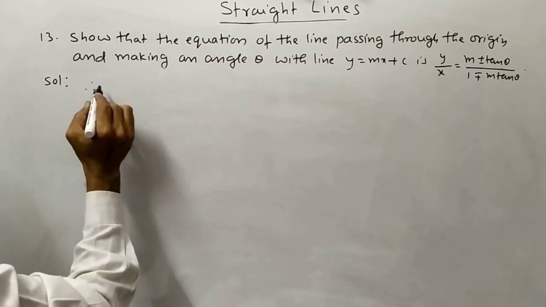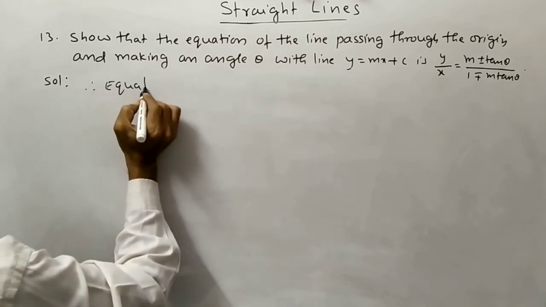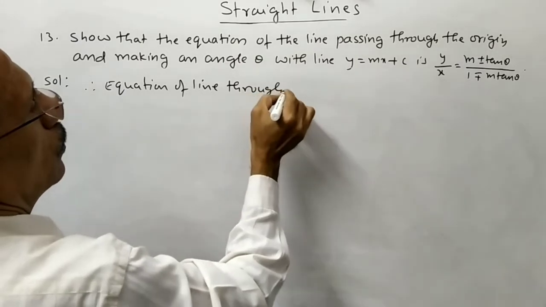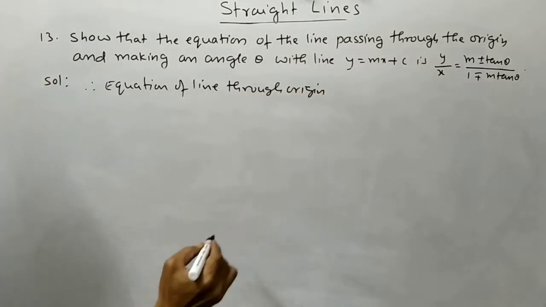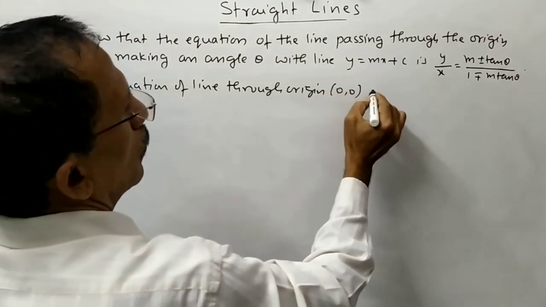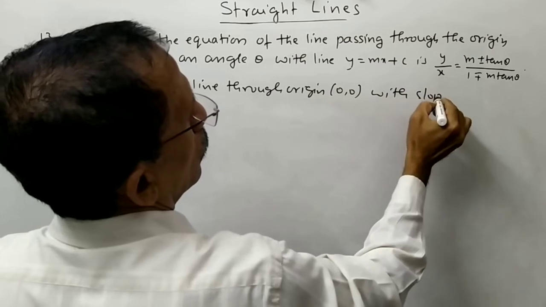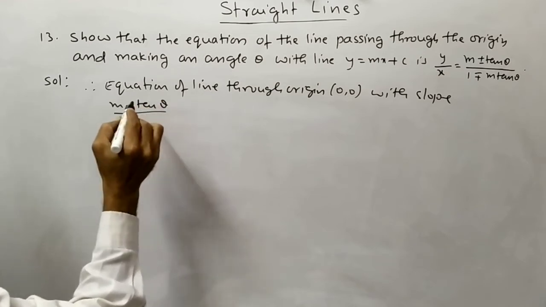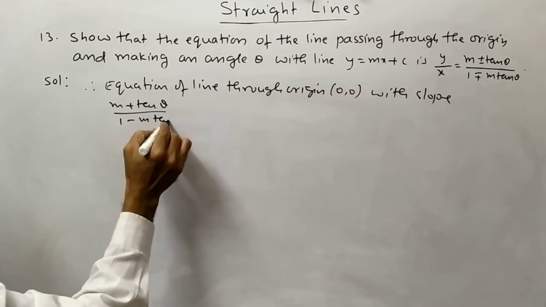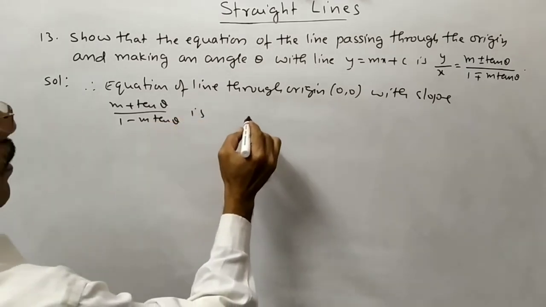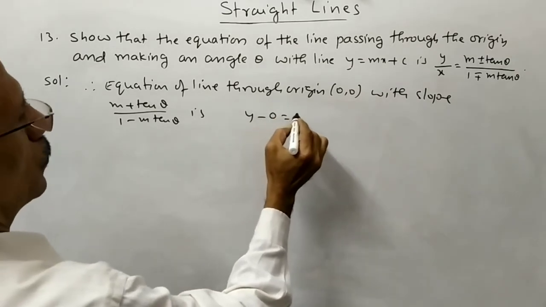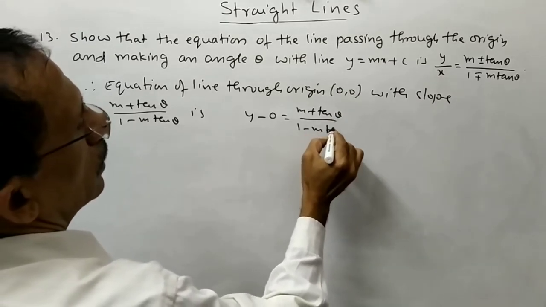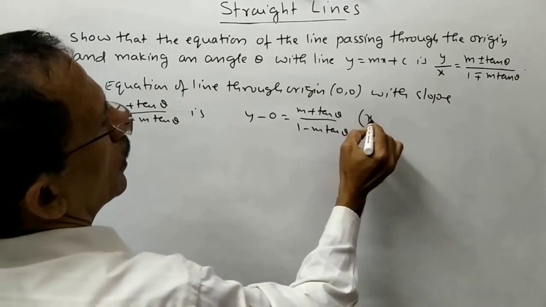Therefore, equation of line through origin with slope (m plus tan theta) divided by (1 minus m tan theta) is y minus 0 is equal to (m plus tan theta) divided by (1 minus m tan theta) into (x minus 0).